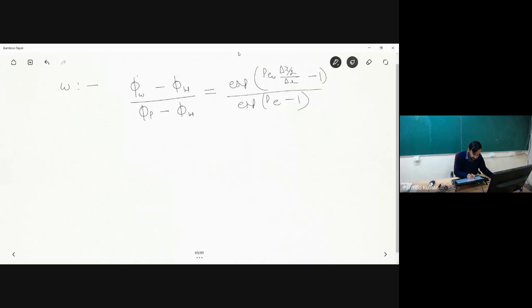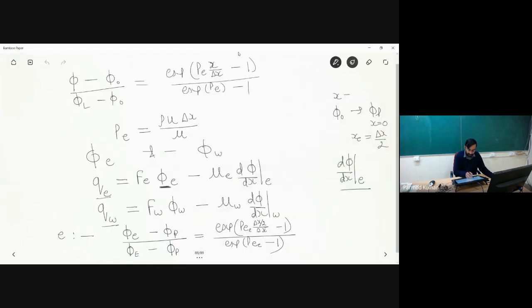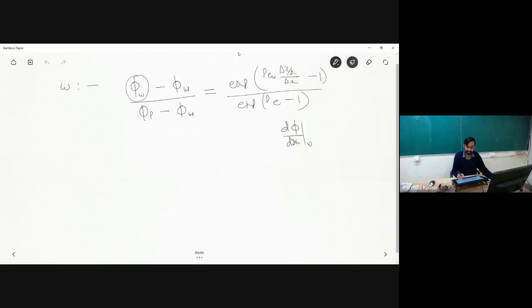So this is how I will be obtaining the value for phi W, and for obtaining the value for d phi by dx at W, what do I have to do? Once again, I have to take the differentiation of this particular first equation by considering phi naught as W and phi L as my P. So I have to once again take the differentiation, and in that differentiation, I have to substitute the value for x as delta x by 2, and I can calculate the value of d phi by dx for W phase.